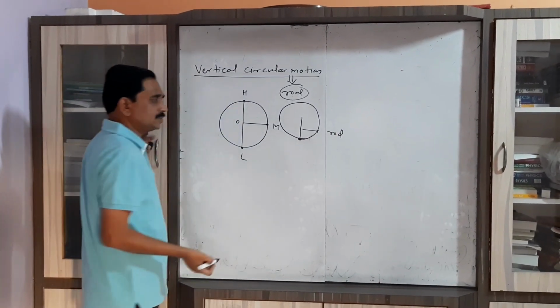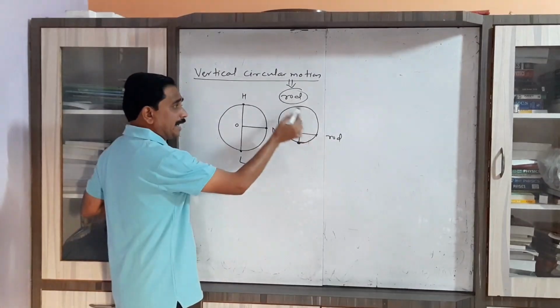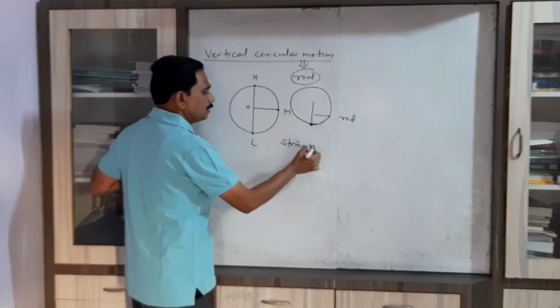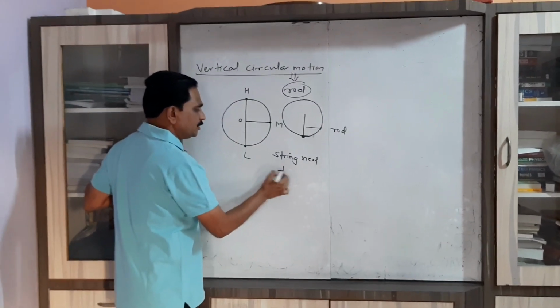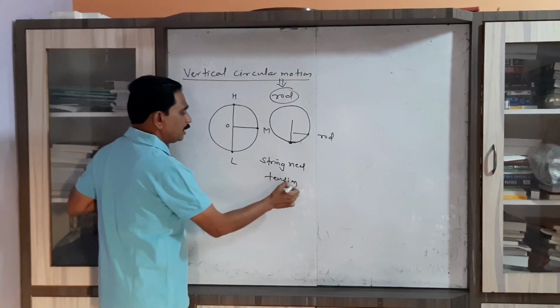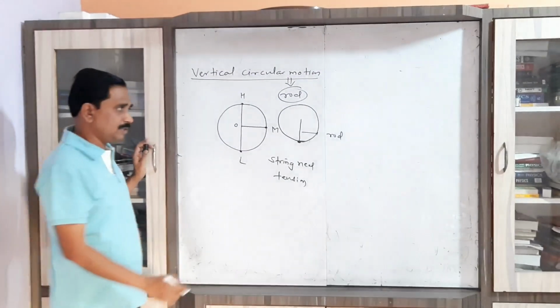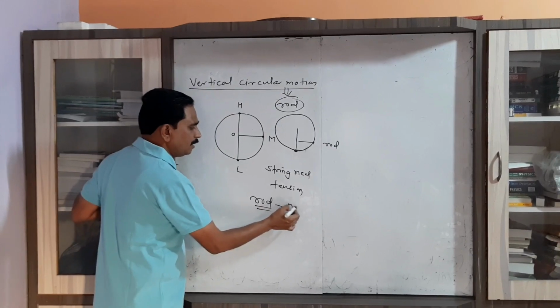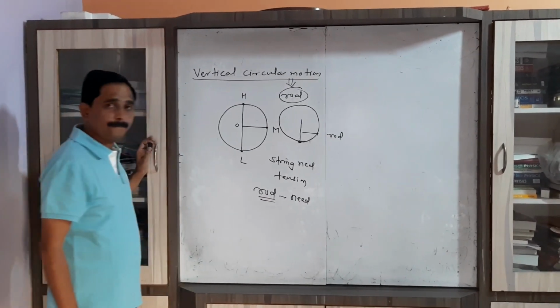When we consider the string, then at every point the string needs tension, including at the highest position also. But in case of the rod, it doesn't need the tension.